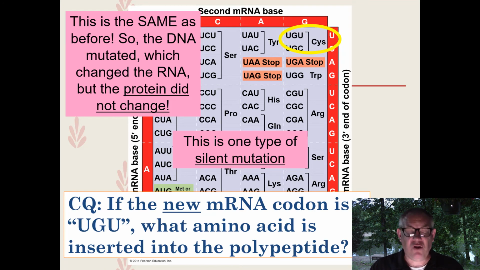So the DNA changed, and that caused the RNA to change, but the protein did not change. You're going to put the same amino acid in this location. And so that is a type of silent mutation. The DNA mutated, but it did not change what amino acid goes in this position, so the protein is exactly the same. That's why we say not all mutations are harmful.